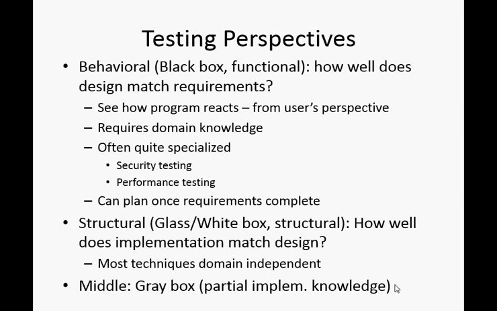But one of the more important distinctions is between testing that's sometimes called behavioral testing or black box testing. Basically, you're testing what the system does according to requirements and according to description, often through the UI, though not always. And you're trying to ask, to what degree does the design match the requirements?